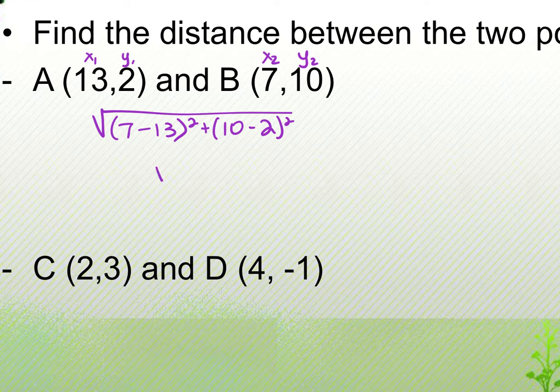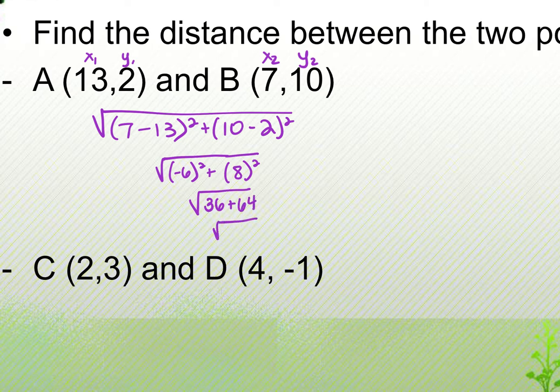What's 7 minus 13? Good. Negative 6 squared plus, what's 10 minus 2? 8. What's negative 6 squared? 36. Good. And 8 squared? 64. Good.